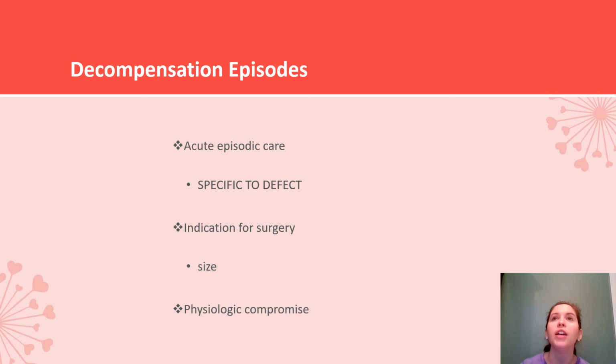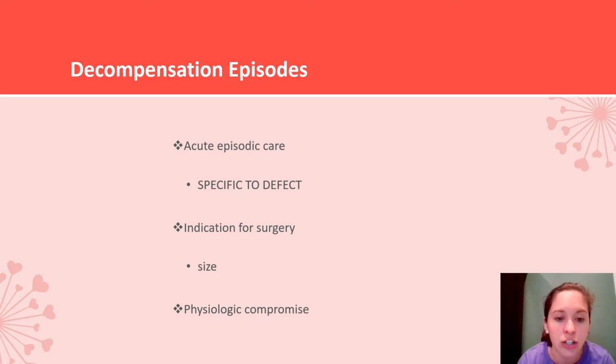We know their heart is not working like it should. So in moments where the heart is already not functioning like it should, we can have what we call acute decompensation episodes, which means the heart basically gets super tired all of a sudden and just gives up.